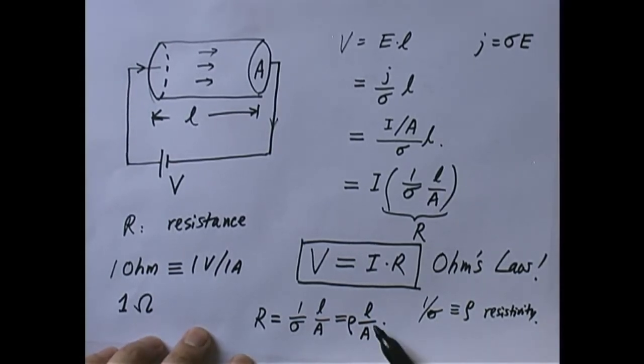So this formula also tells us that given a material of a certain resistivity, the longer it is and the smaller its cross-sectional area, the greater its resistance. Does that make sense?